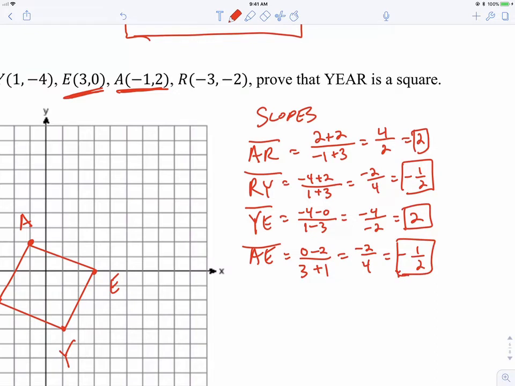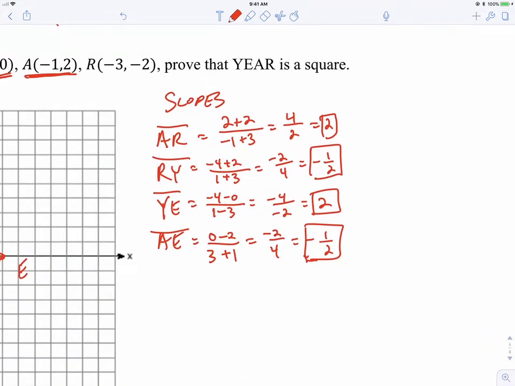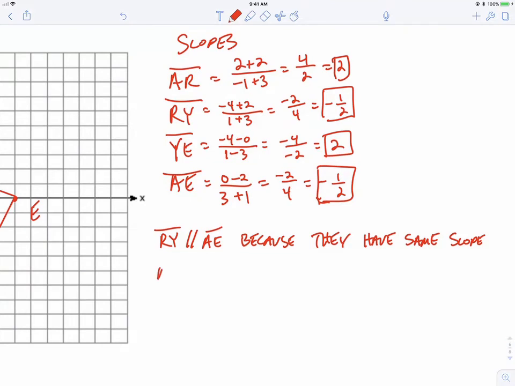So there are my 4 slopes. What that's going to show is that side RY is parallel to side AE because they have the same slope. And AR is parallel to YE because they have the same slope. We just proved it's a parallelogram.